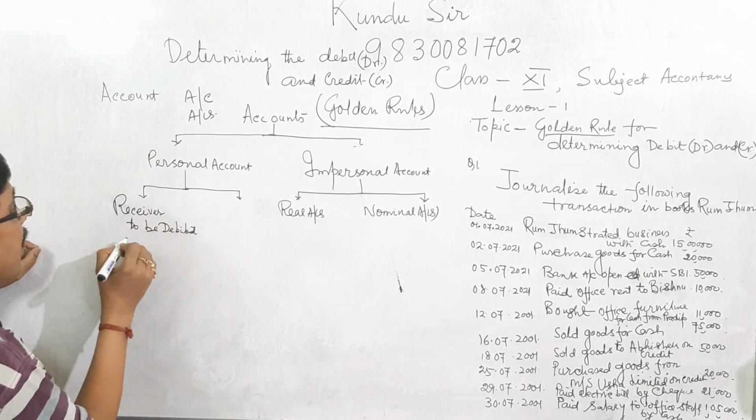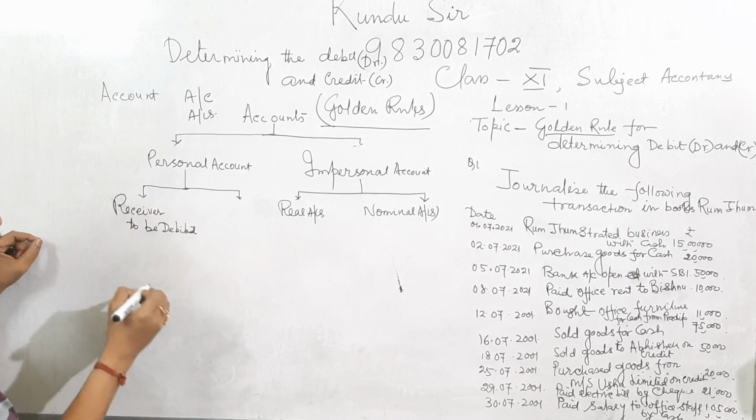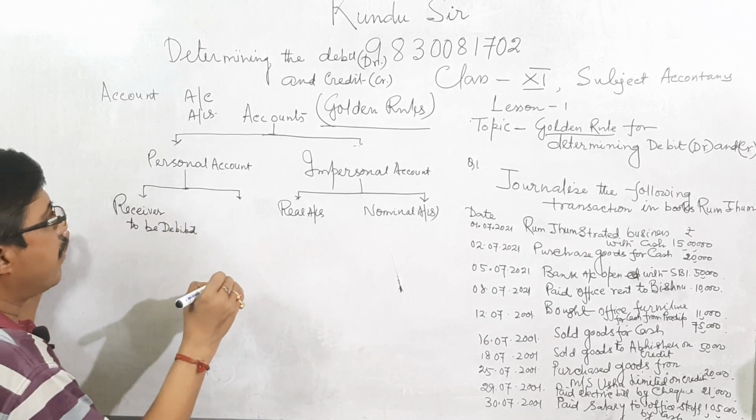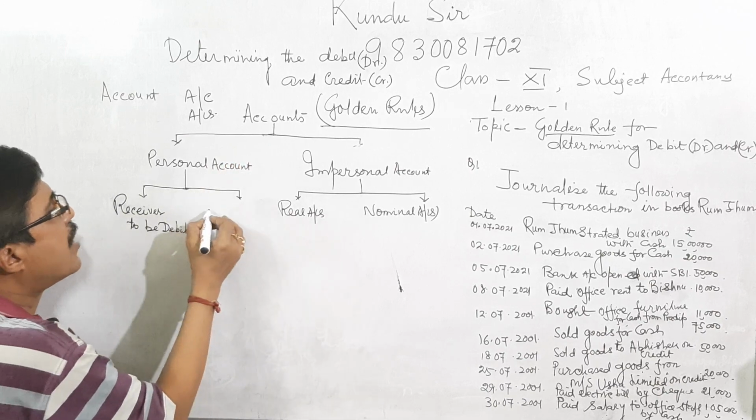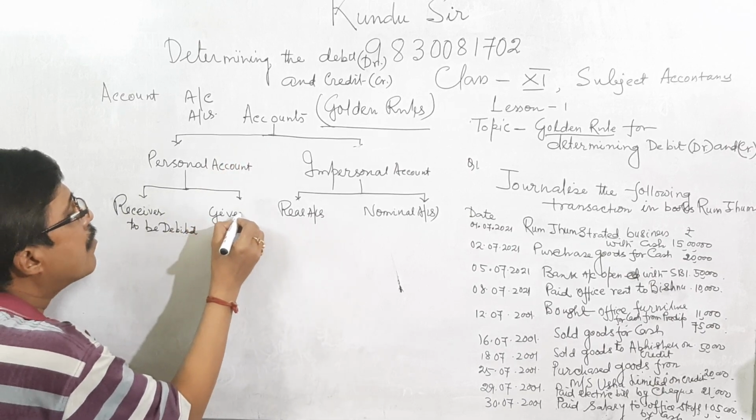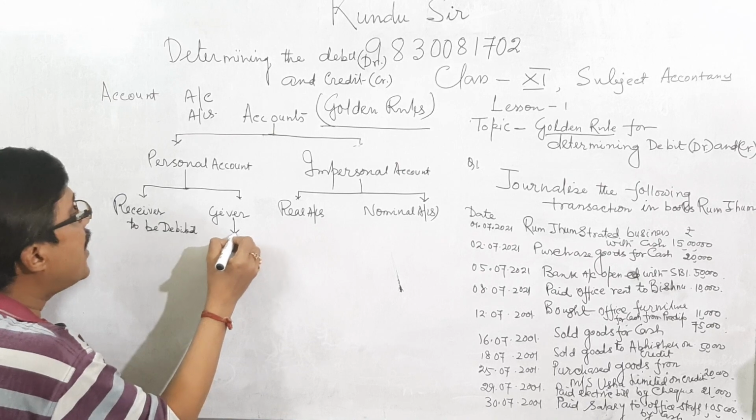That means the receiver will be debited, and the giver will be credited.